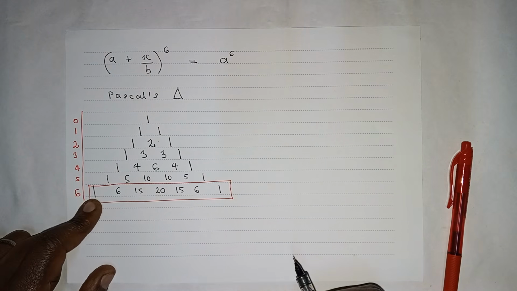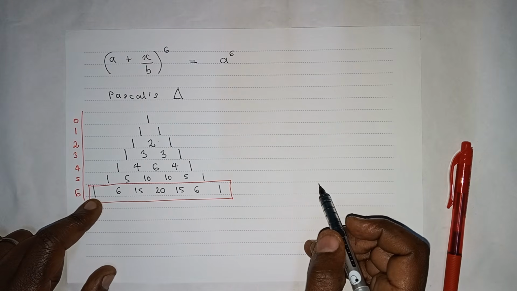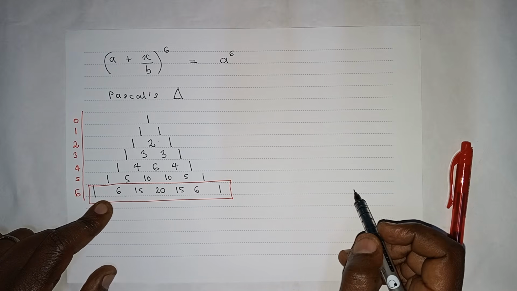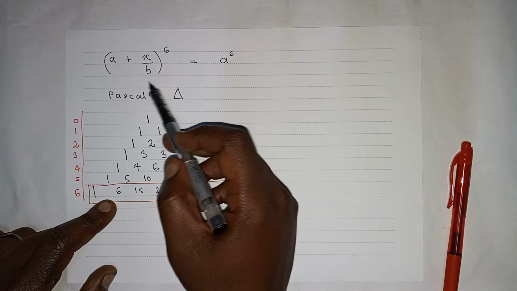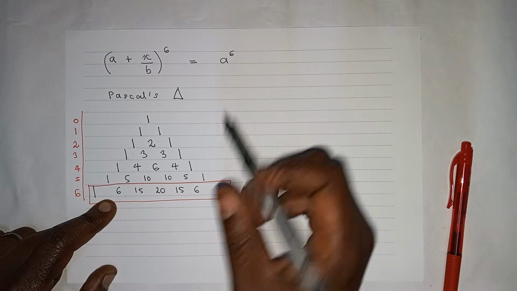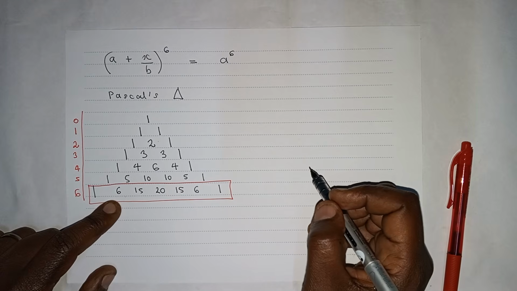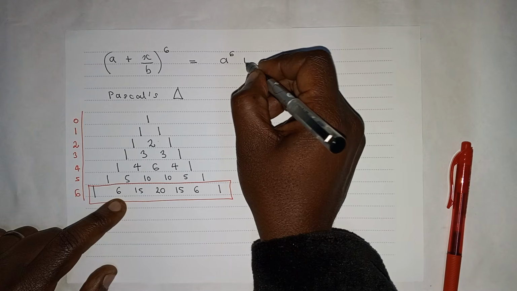I will not write it because I know that when we multiply anything with 1, we just don't write the 1 in mathematics. And we also know that x over b here is raised to power 0, which will simply give us 1. And we can ignore that one as well. The next coefficient is 6.